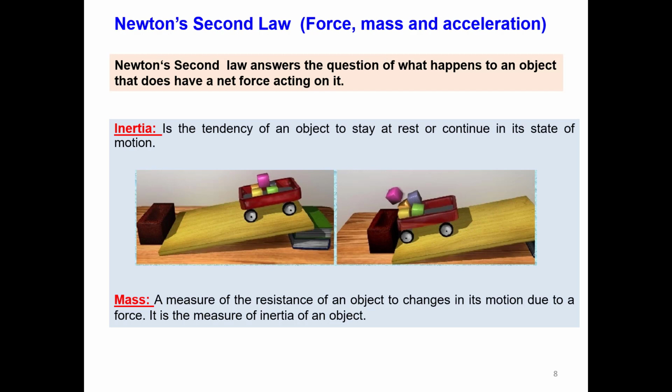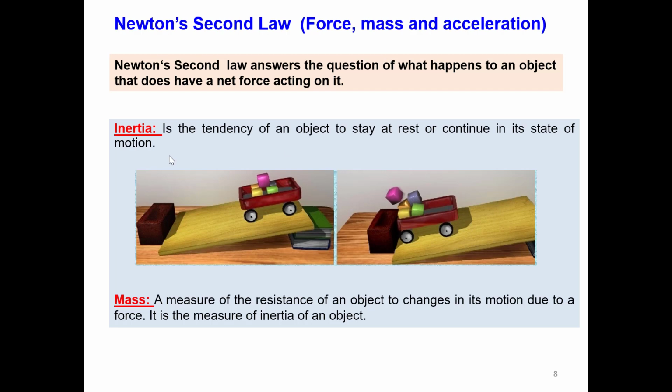Then Newton's second law explains what happens if there is a force acting on an object. The first law explains what happens if there is no force, but the second law explains what happens if there is a force acting on an object. Before discussing this, let's review a concept.